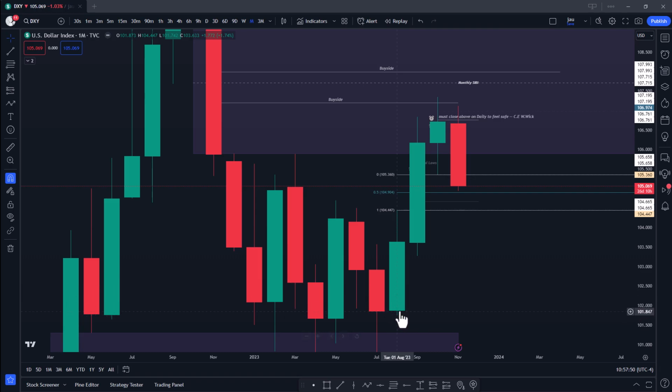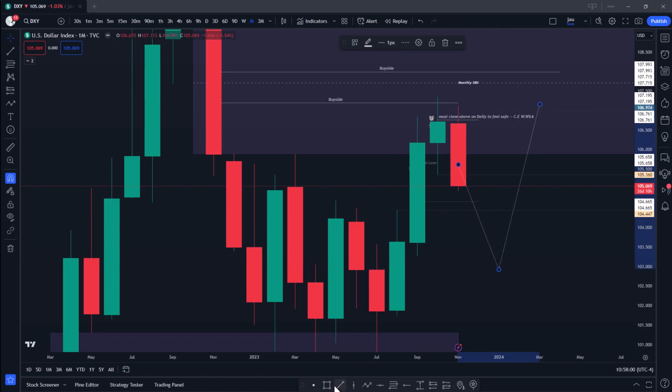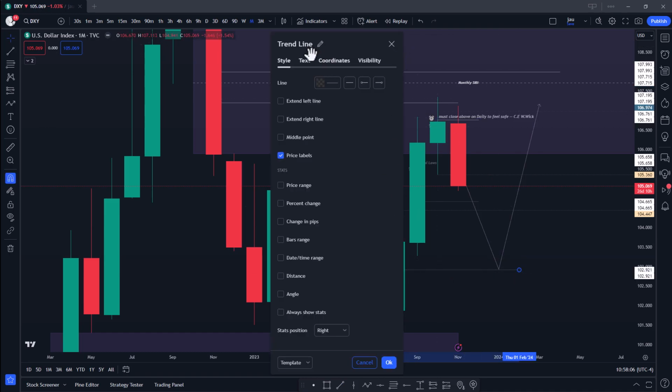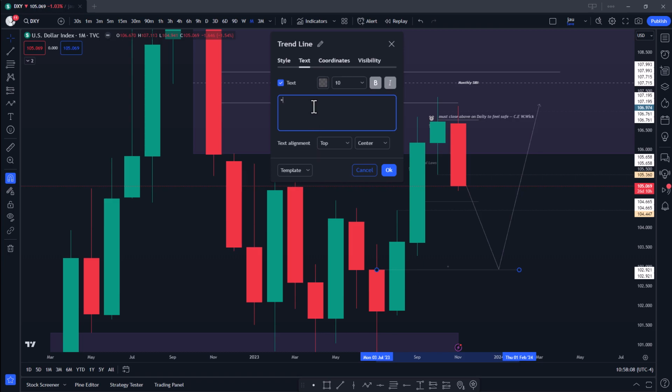It also allows for a possibility of us trading down into this order block before moving higher. We have a bullish order block residing there. We might see price come into it and push up from here.